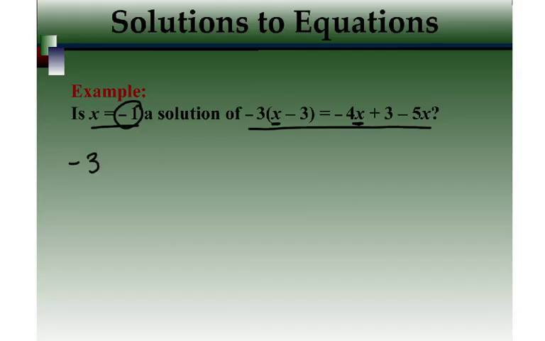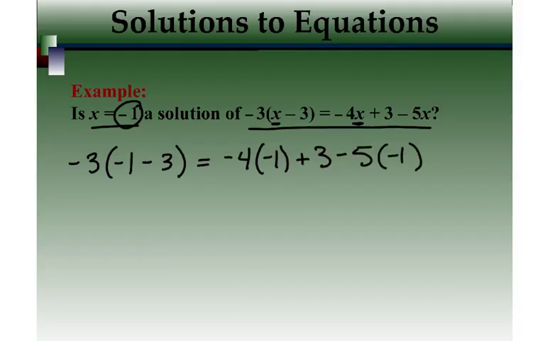So here we go. Negative 3 minus 3 equals negative 4 times negative 1 plus 3 minus 5, again, times negative 1.